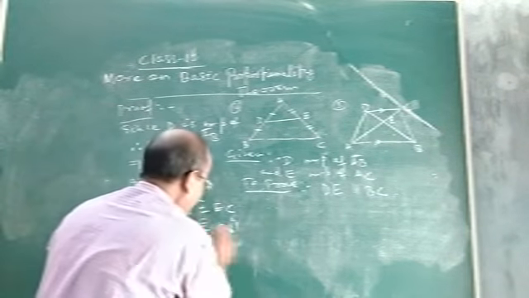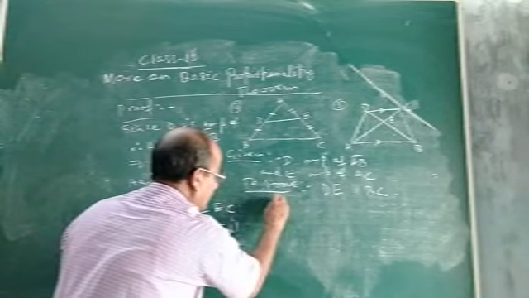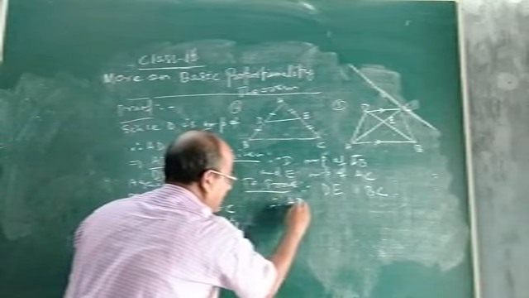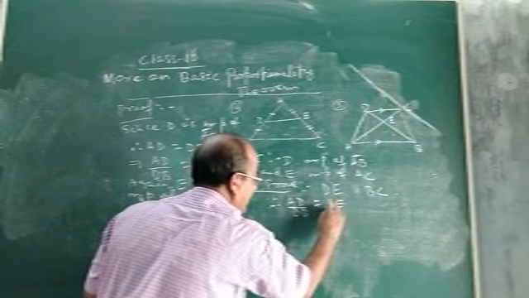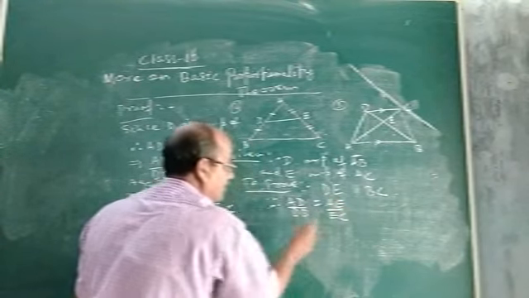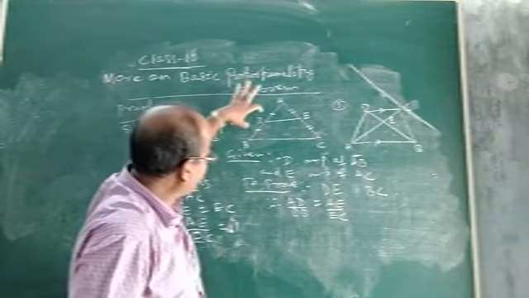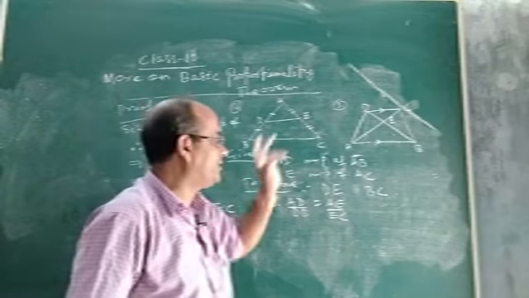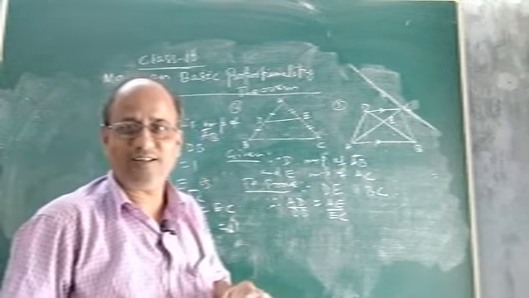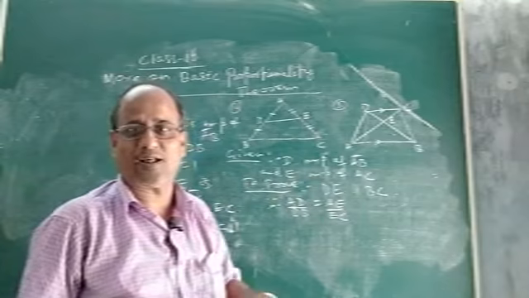So that you write down from this. Therefore, AD by DB will be equal to AE by EC. Now see, children, if AD by DB equals AE by EC, then what will be the relation between DE and BC? Clearly, DE and BC will be parallel. Why?